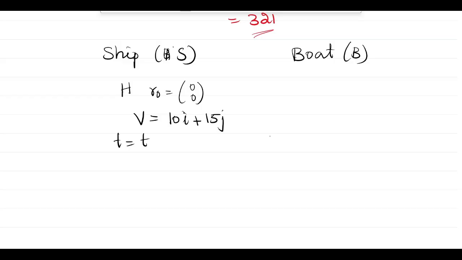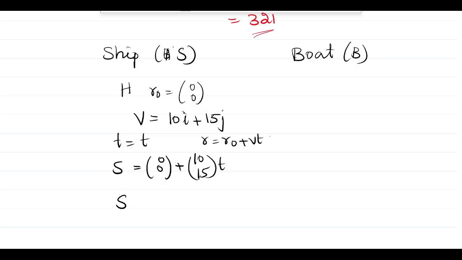At any time t, the ship's position is the initial position vector plus vt, because we know r equals r naught plus vt. So the ship at any time t is 10t i plus 15t j.